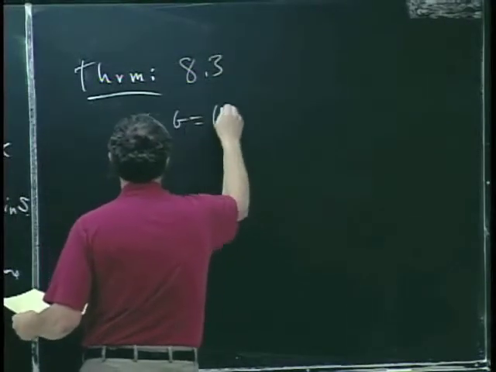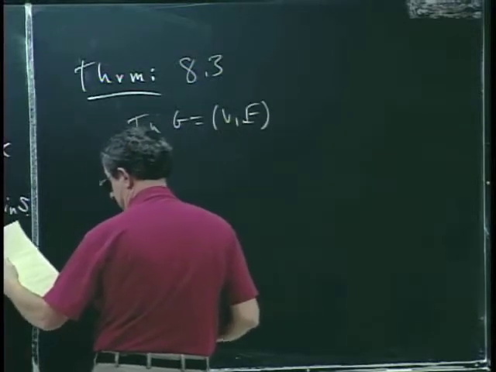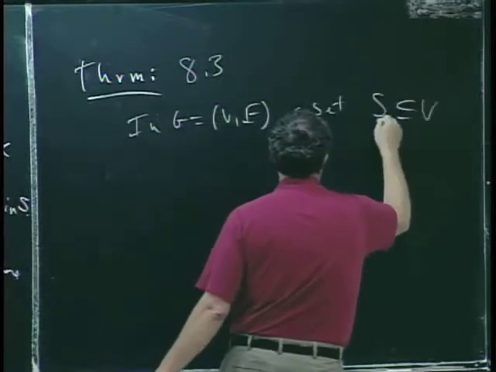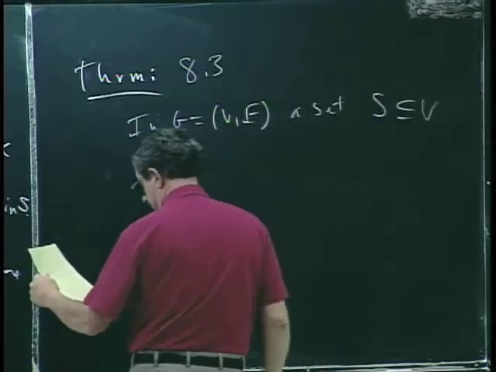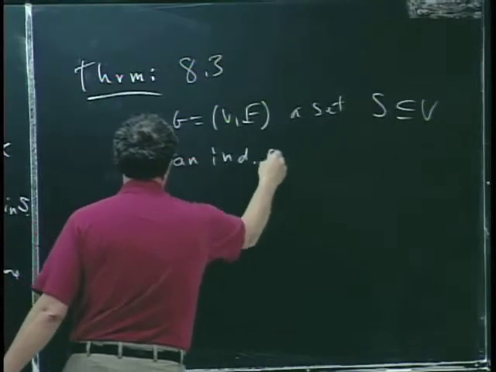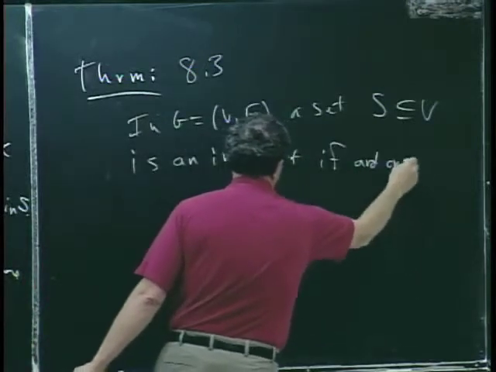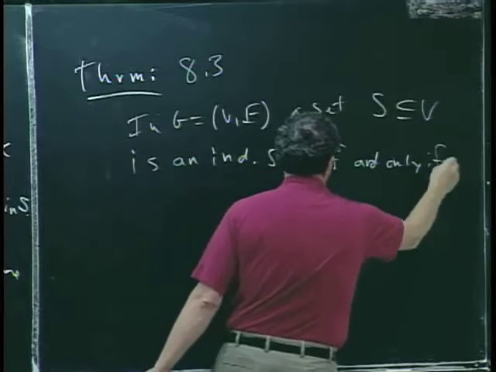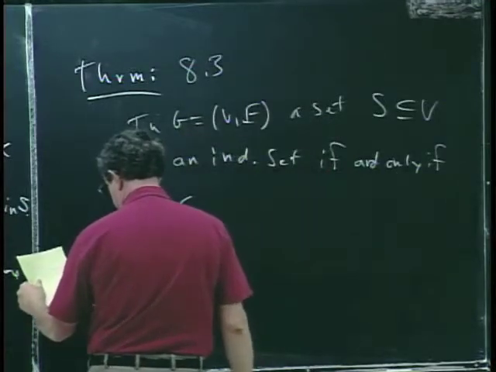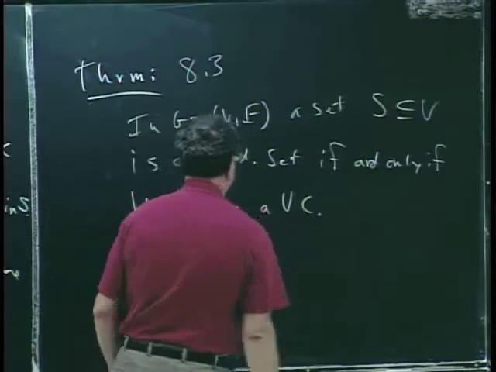In G equals (V, E), a set S, a subset of vertices S, is an independent set if and only if V minus S, the complement of S, is a vertex cover. Okay?